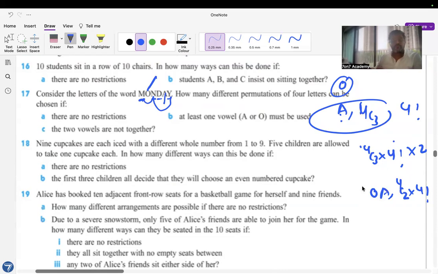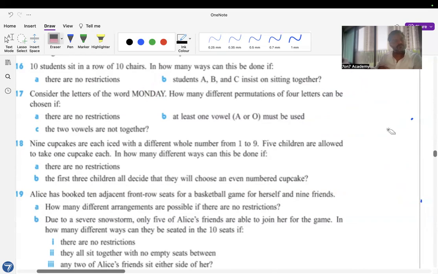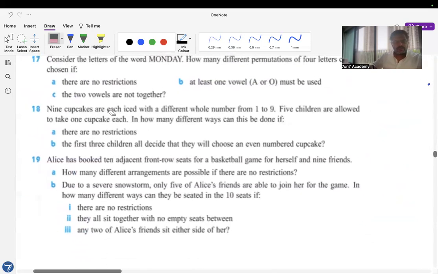The 2 vowels are not together. So you just take them when they are together and subtract it from the total. Okay, so this 18th.